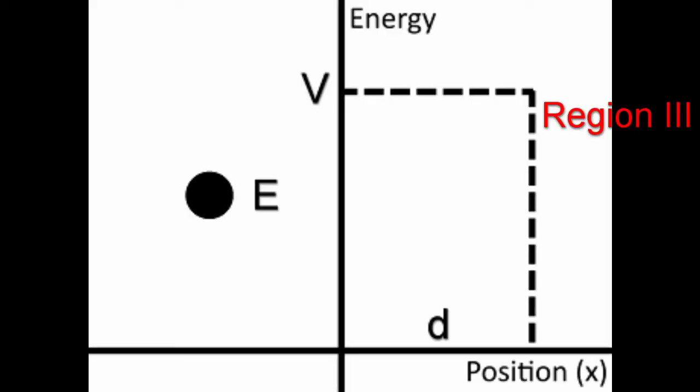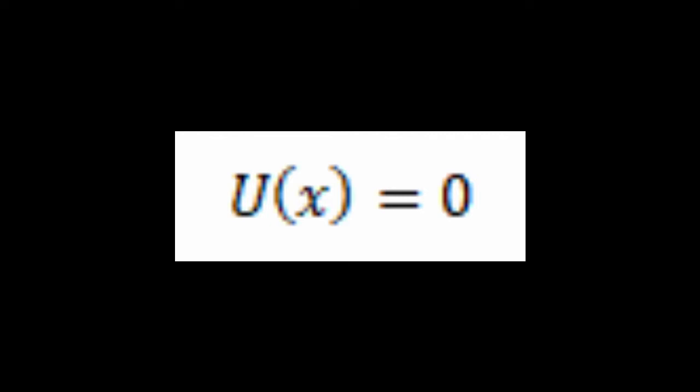Now for region number 3, which is over on the far right side beyond the barrier. Again, the U of x term is equal to 0 beyond the barrier. So this is exactly the same situation as in region 1. We're just going to skip all the steps and jump straight to the answer because it's the same derivation.